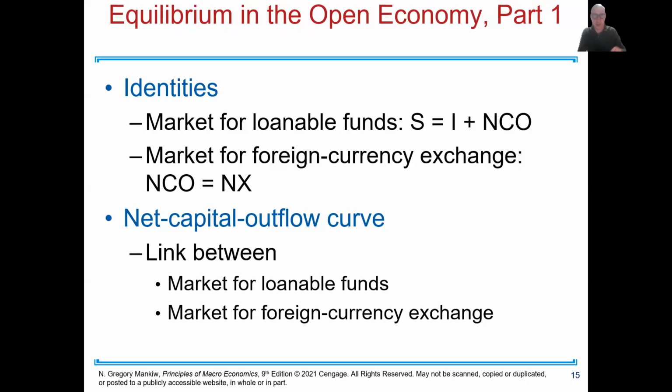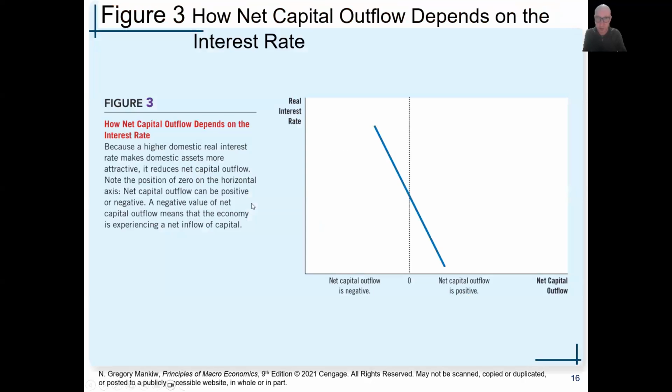The market for foreign currency exchange formula is net capital outflow equals net exports. So where do the two come together? Well, there's a link, and it's in the net capital outflow curve. We have the market for loanable funds and the market for foreign currency exchange combined together to represent equilibrium in the open economy. So here's part of it.